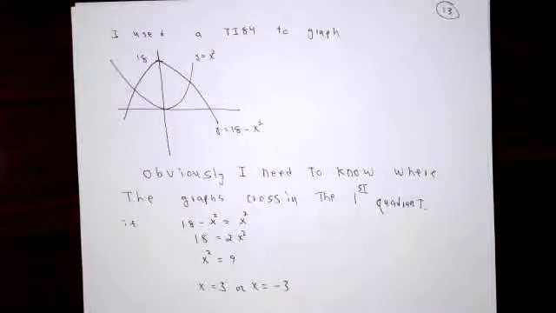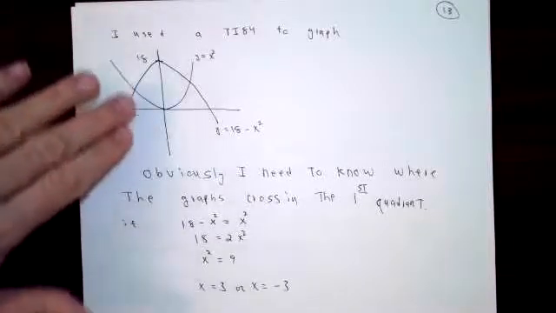These two graphs cross each other. Sometimes one of them is up above the other, and other times it's the other way around. I need to know where those graphs cross each other. Now, actually, since x goes from 2 up to 4, this part is not important to me.